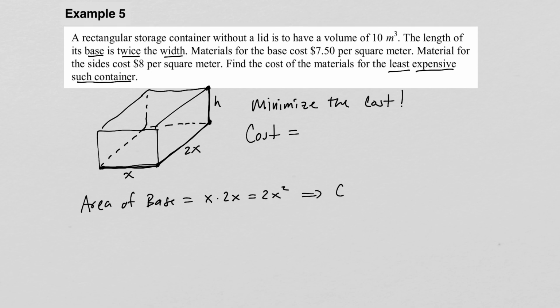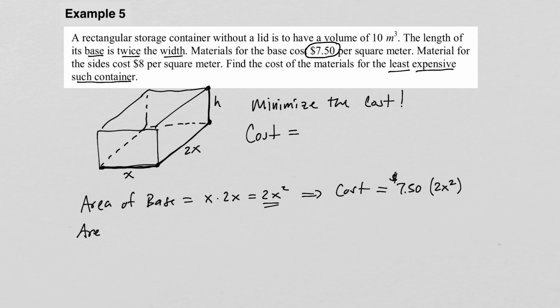So what is the cost of the base going to be? The cost is going to be the area of the base multiplied by the cost per square meter. So it's $7.50 multiplied by 2x squared.